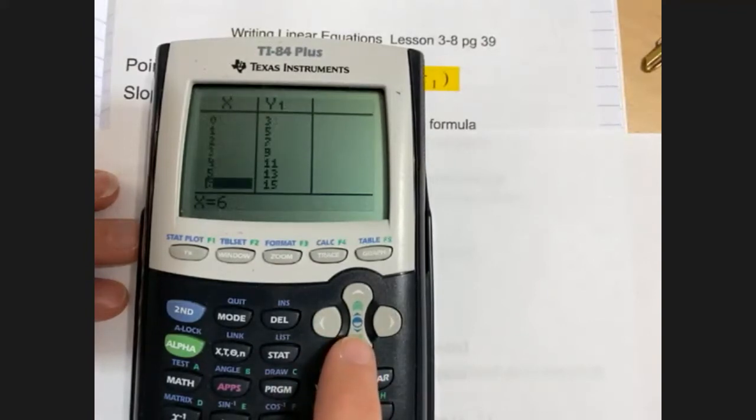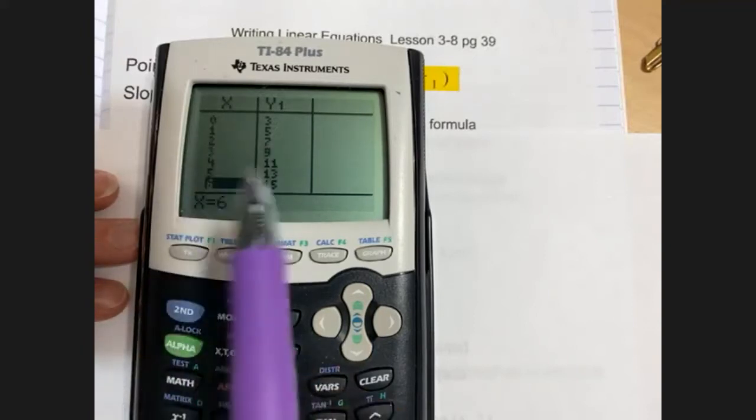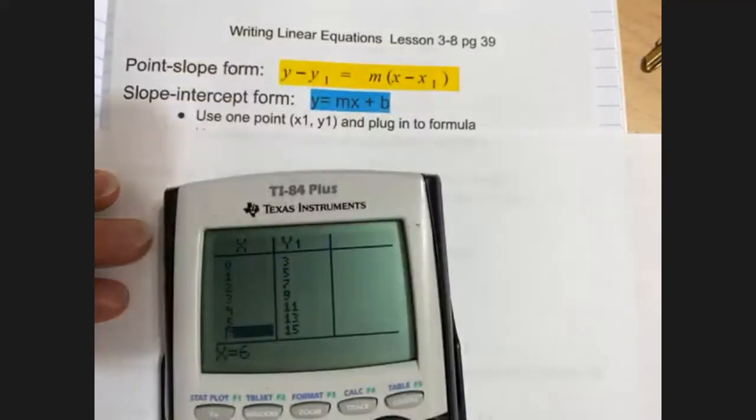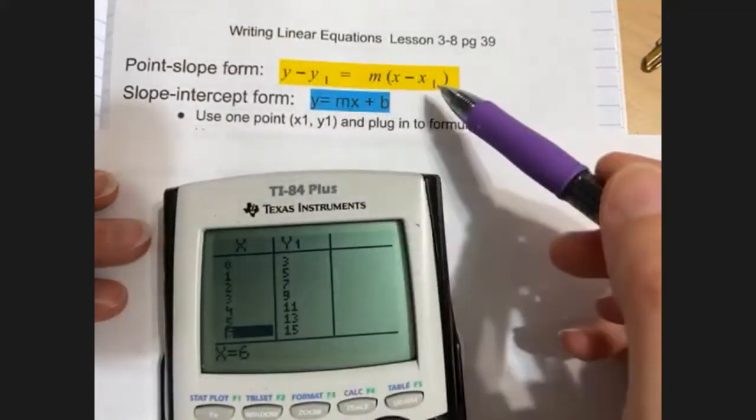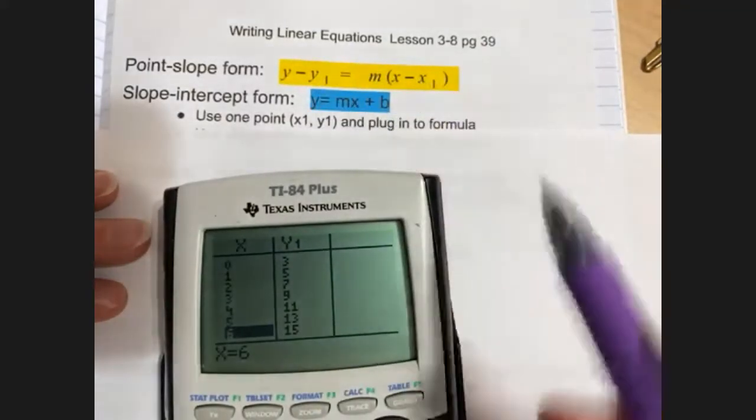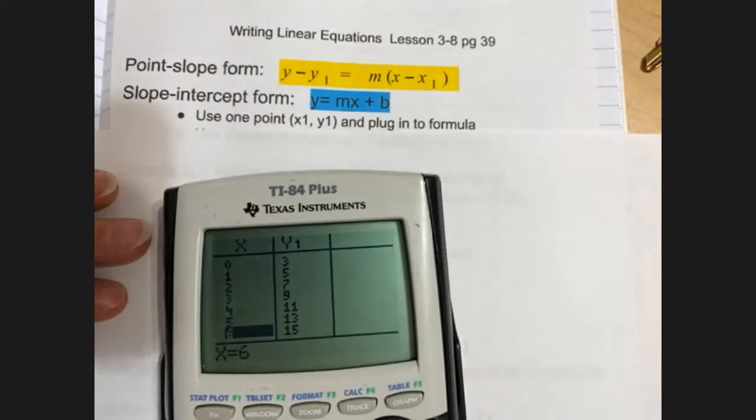And so you can get into the negatives or the positives, so you can actually find 2 points. And you just use 1 point today, and we'll be plugging this into point slope form up here, and then putting it in that form.